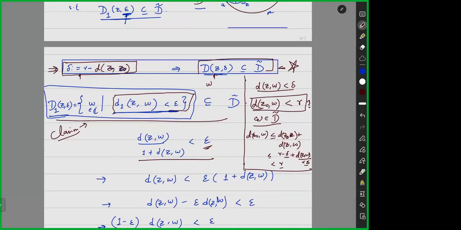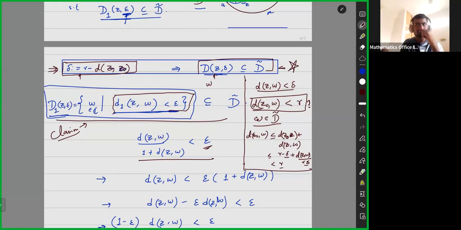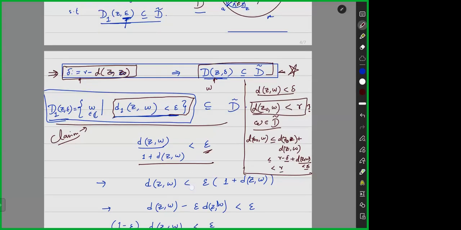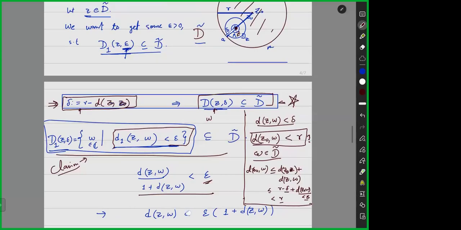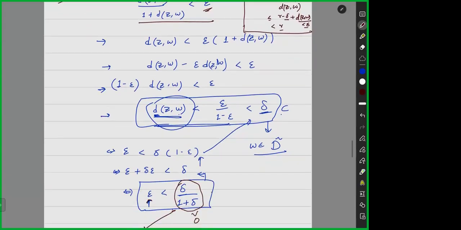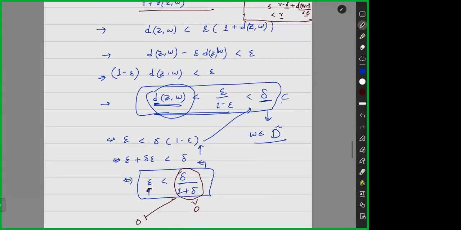RHS of d1 of x comma y. Let d1 of x comma y be defined as d of x comma y by 1 plus d of x comma y, another metric on the metric space x comma d. So basically, we have established that epsilon is lesser than delta by 1 plus delta, and delta is another metric.